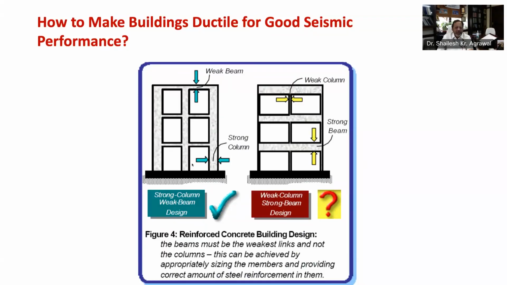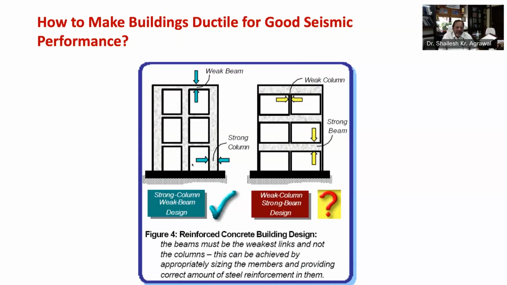So if you look at the routine design codes meant for design against gravity loads or any other non-earthquake effects, the designer may not be able to achieve a ductile structure. For earthquake loads, special design provisions are required to help designers improve the ductility of the structure. Such provisions are put together in the form of a special seismic design code, that is Indian Standard 13920 for RC structures.